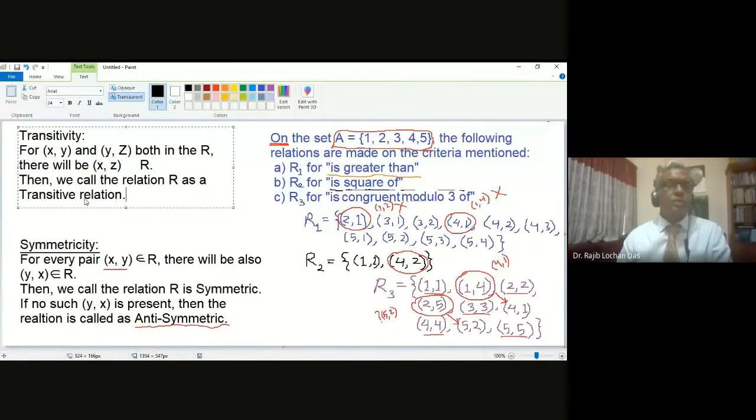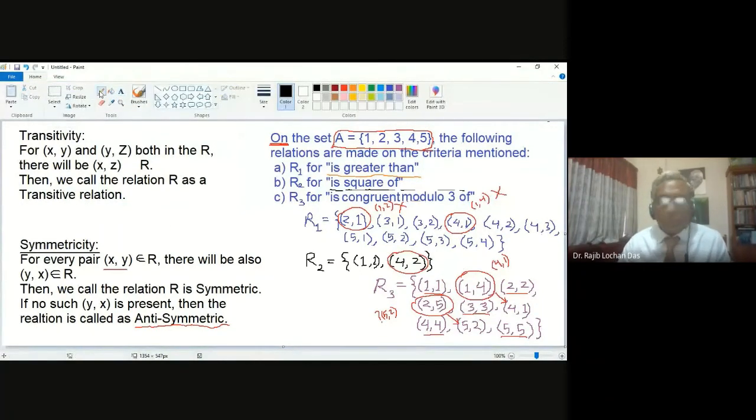So what is actually happening here? In fact, it is something like hypothetical syllogism. x comma y, y comma z are our two pairs.